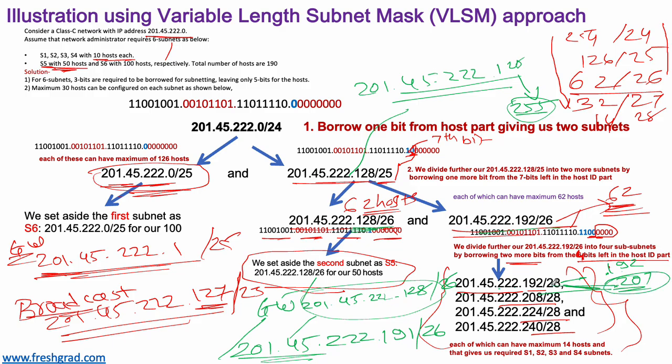And for this one, 208 is the gateway and the broadcast IP is 201.45.222.223. And in this subnet, 240 becomes the gateway and 255 will become the broadcast IP address, but /28 network. Okay.